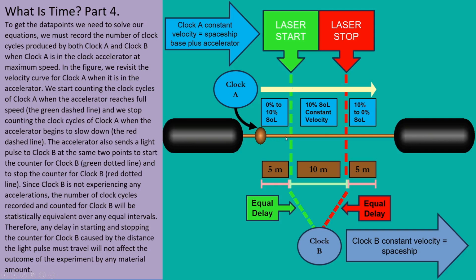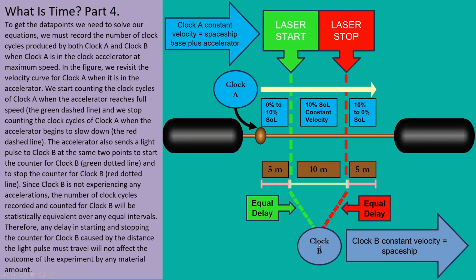When clock A is accelerated and hits this green dotted line, this green laser, the green laser will start clock A. At the same time, that will break the laser light hitting clock B, and that will start clock B.